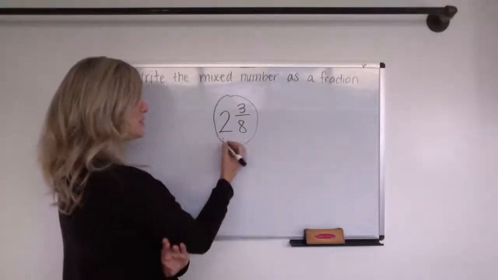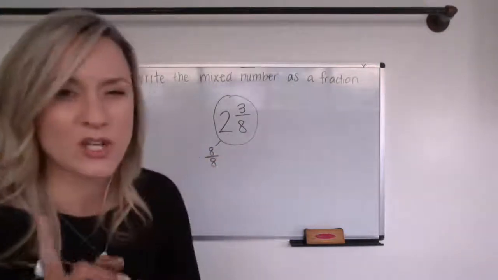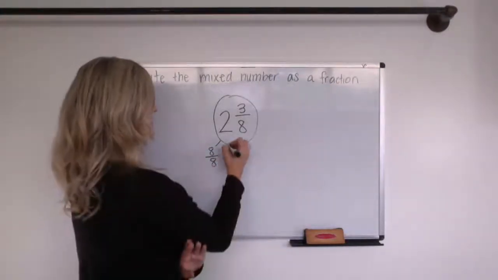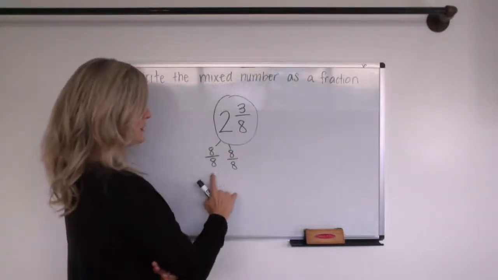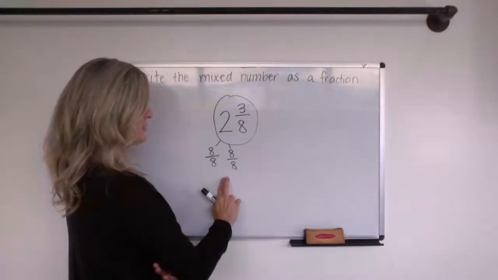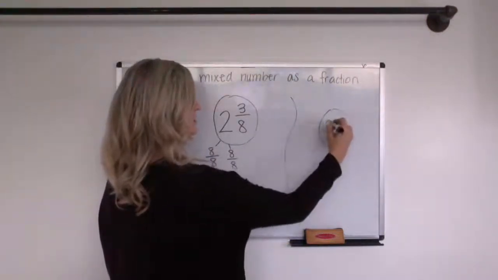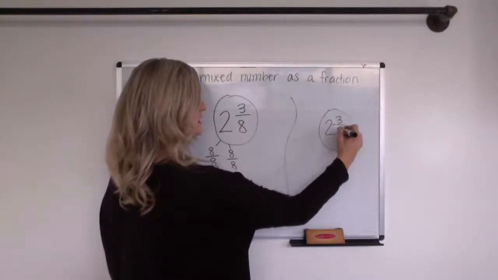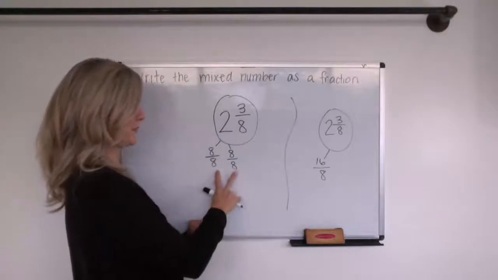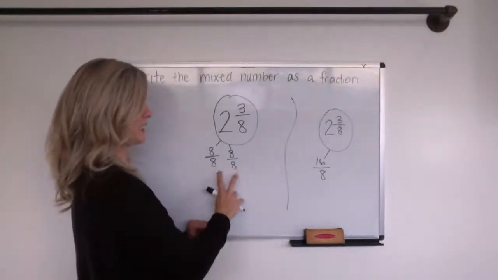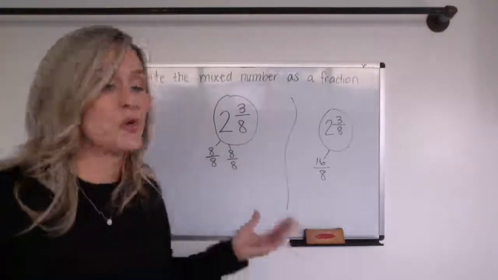Now the 2 is made up of 8/8, but it's also made up of another 8/8. So you can see it as this is 1 and this is 1, and together it makes 2. Or you could have done this, 2 and 3/8, and put 16/8 for the 2, because 8/8 plus 8/8 is 16/8. Same thing, right? It's just how you are breaking it down.